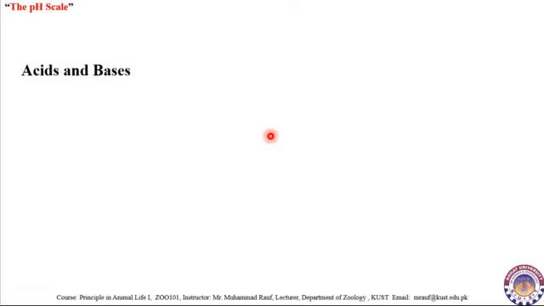Introduction. We have already discussed acids and bases in a separate lecture, but here we are discussing the pH scale. Therefore, we will shortly revisit this topic and discuss acids and bases again.